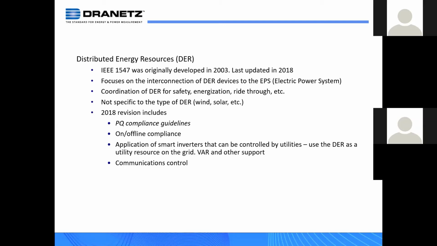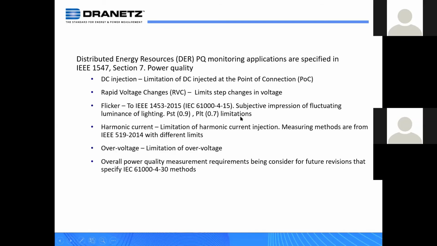And this is all under contract with the owner of the DER, okay? And that goes to the last bullet with communication control. So we're not going to elaborate on that, but that's what this standard covers in a modern DER system. A lot of this was based upon Arizona, California, and Hawaii in the United States, which are some of the big alternative energy states due to the sunshine that they get.